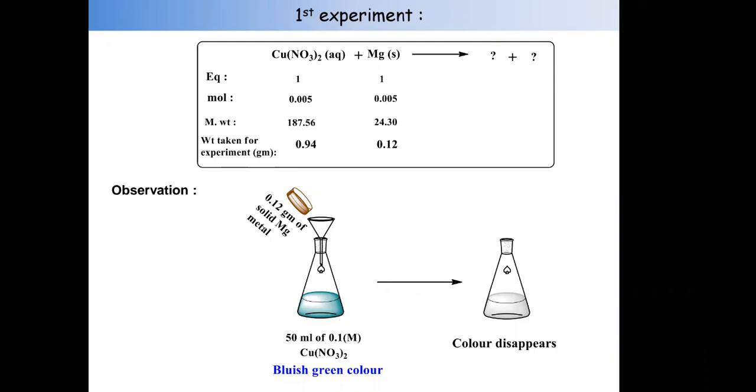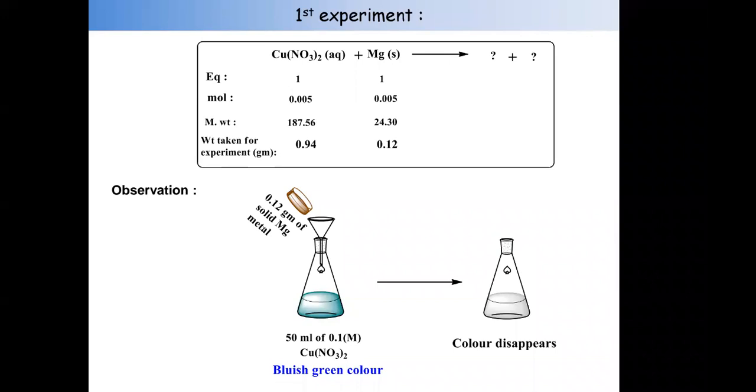So multiplying molecular weight with mole, we shall get the exact amount of weight we have to weigh to add to the copper nitrate solution for the full reaction. How many grams of magnesium are needed for complete reaction? Okay. And multiplying 0.005 with 24.30, we obtain 0.12 gram.